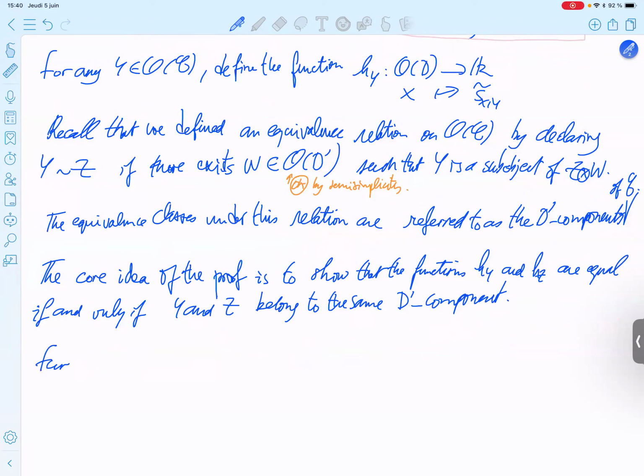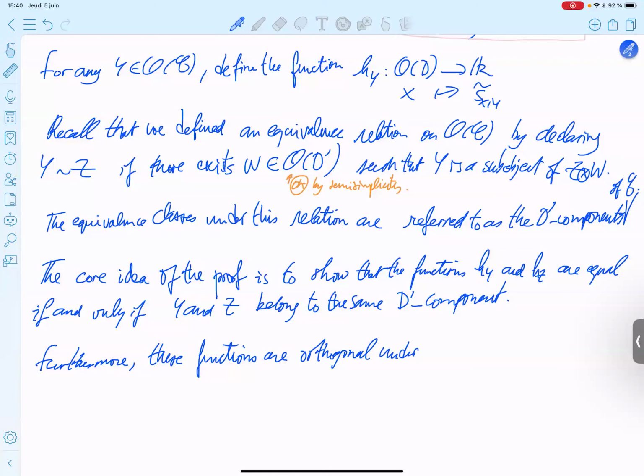So furthermore, these functions are orthogonal under the previous inner product, of course. It was equation 49.